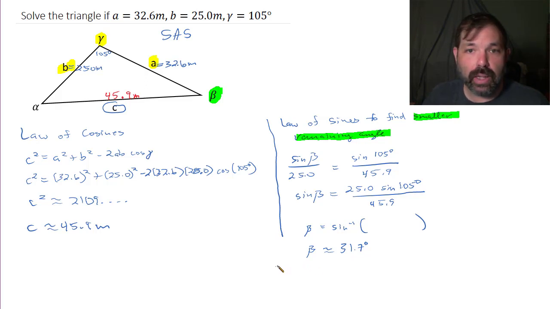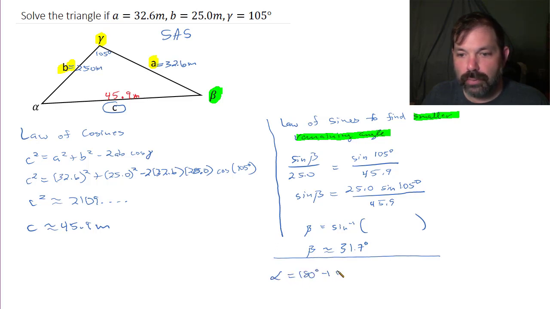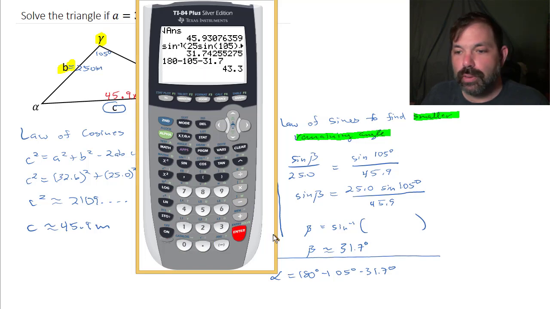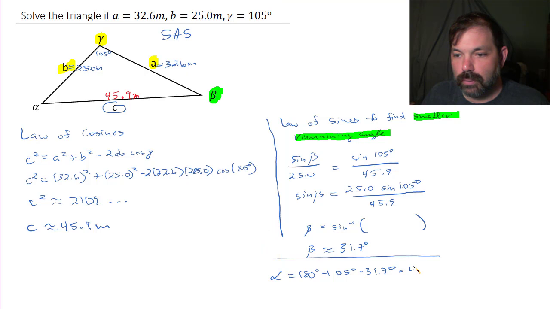Now for the last remaining angle, we could use the law of sines again, but once we have two angles, finding the third angle is relatively easy. So alpha would be 180 degrees minus 105 degrees minus 31.7 degrees, which is 43.3 degrees.